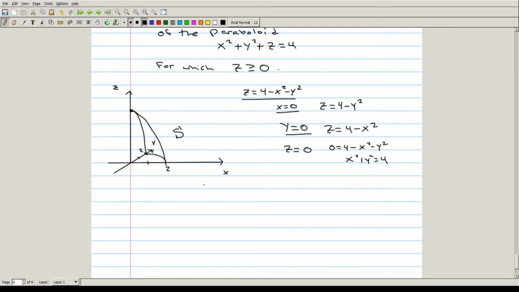And by the way, you'll notice that this is exactly in the form to apply that simplified formula that we derived, because this is just a function of x and y. Here, z is a function of x and y for this surface.